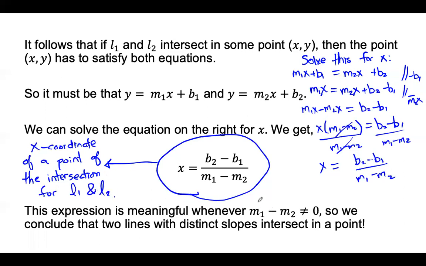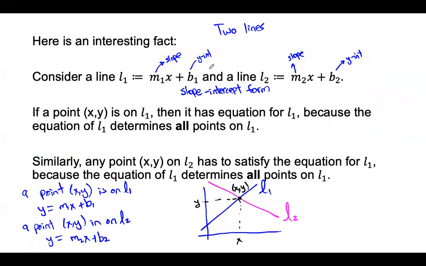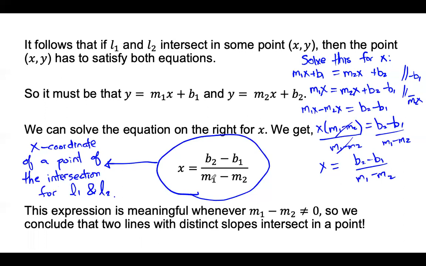Now, what can't we do here? Those are our y-intercepts right here. The B's were the y-intercepts for our lines. So what happens when M1 equals M2?